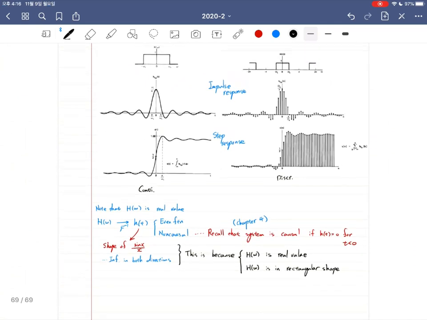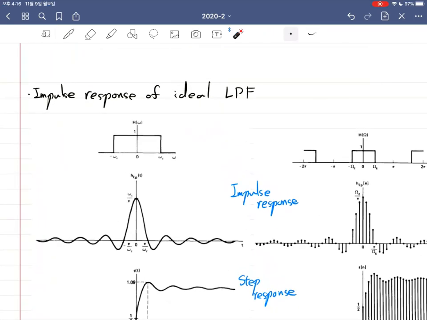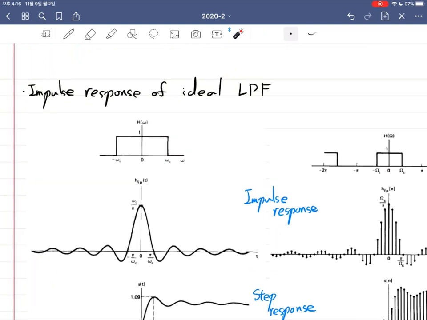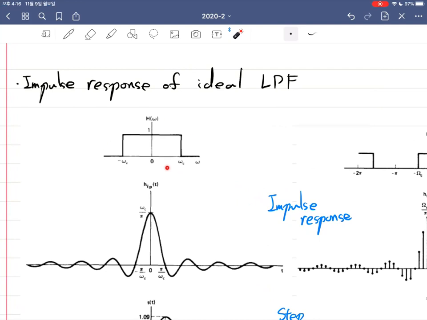So if you look at this ideal low-pass filter, I'm just going to speak with the continuous time because the same thing can be applied to the discrete time. If you carefully look at this, the ideal LPF is cutting the frequency where this omega c is a criterion where to cut this frequency.